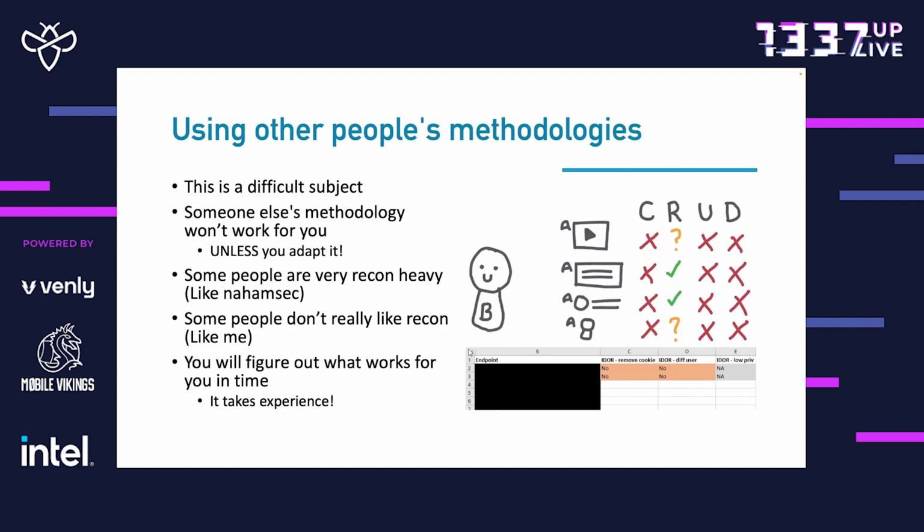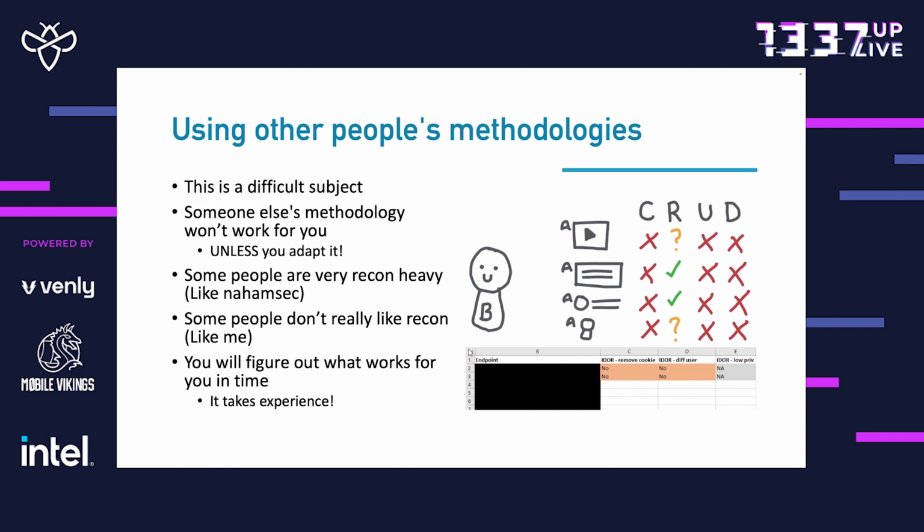And I've said this before, but it's worth repeating: other people's methodologies won't necessarily work for you unless you adapt them to your background. Some people are really recon heavy. They have really strong bash scripting skills or programming skills, and they come in with a bunch of tools, or sometimes custom built tools, and they really go deep.